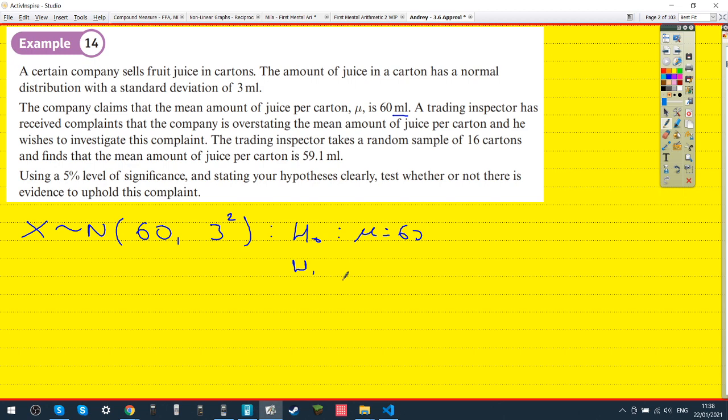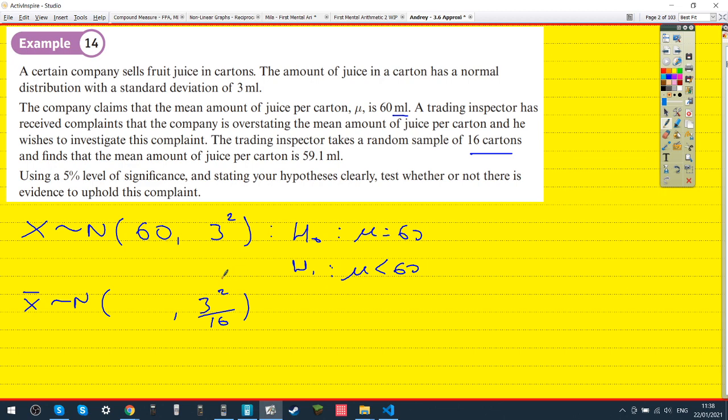The alternate hypothesis is that the mean is less than 60. And so to test it out, X bar is normally distributed. It has a mean of 60. Well, hang on. We're taking a random sample of 16 cartons, and so the standard deviation will be 3 out of 16. Variance 3 squared out of 16.